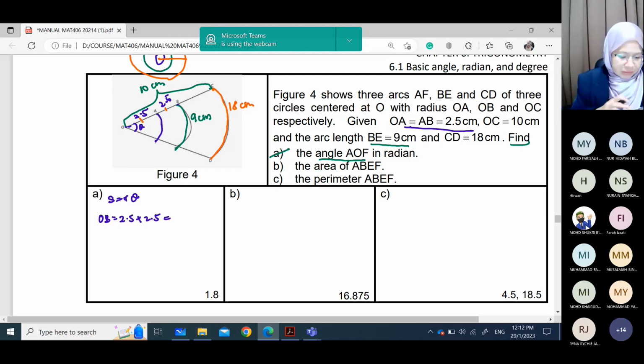Dia sama kan? 5 cm. So theta kita tak tahu, kita kena cari. Jadi S untuk BE.